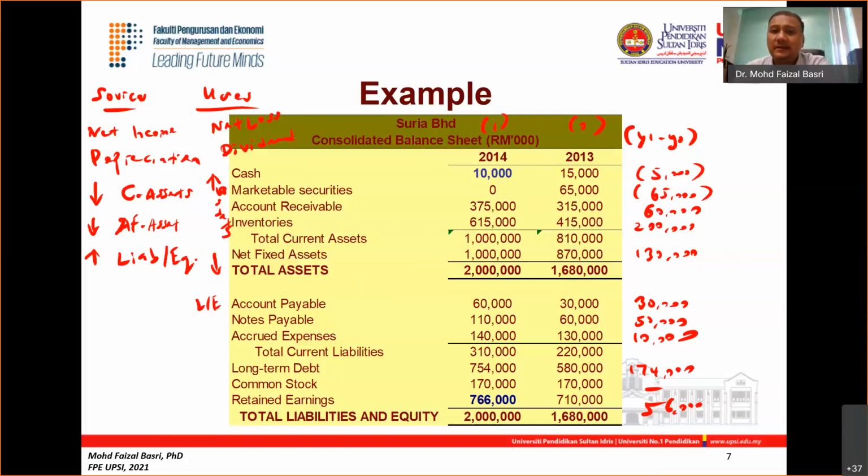Right, so again, I recap. First thing you need to do when you see the balance sheet question, the cash flow question, is to find the difference between 2 years of transactions. Just keep minusing the current year with the previous year. Some will be increase, some will be decrease.